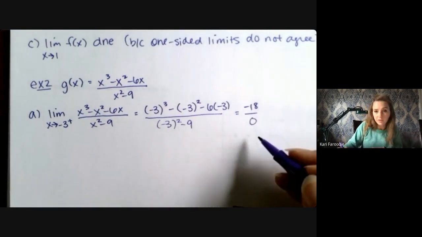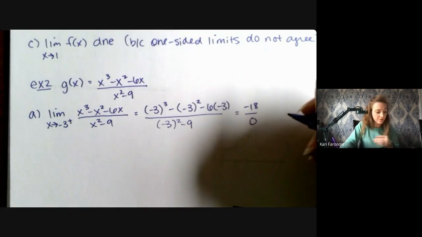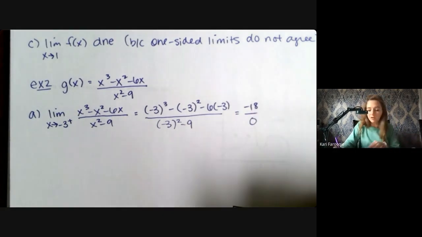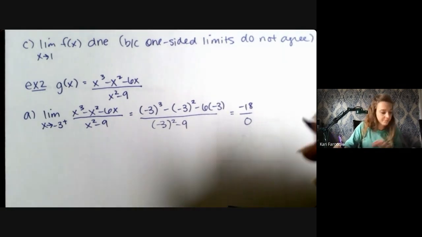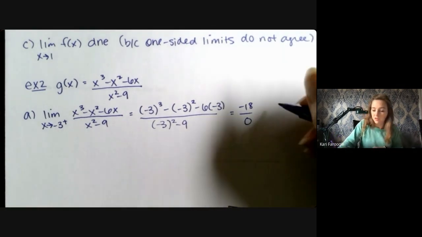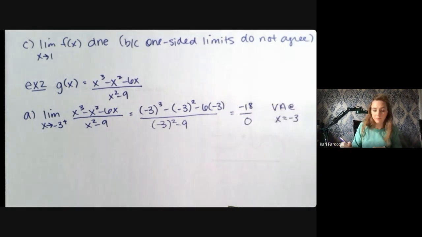So this is a number divided by 0, which means that if we take a number and we divide it by 0, we're going to have either plus or minus infinity. So we need to figure out what the situation is with this limit. This means that we have a vertical asymptote at x equals -3.